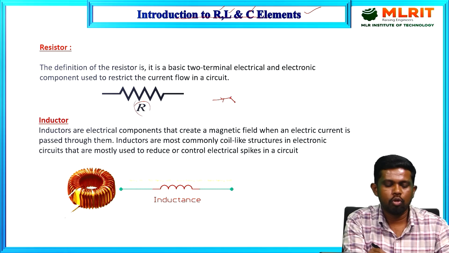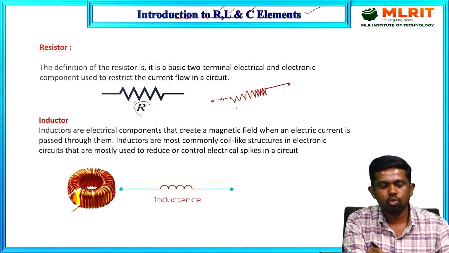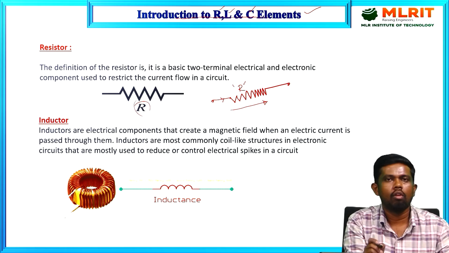There is opposition to the flow of current, so the electrons choose a zigzag path, moving like this everywhere. So this is the symbolic notation of the resistance, or simply the resistor.